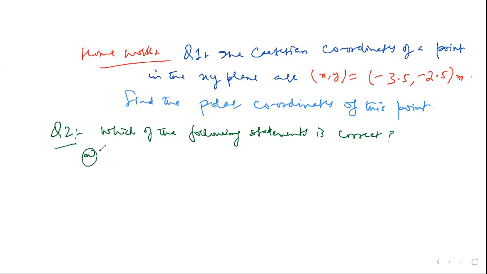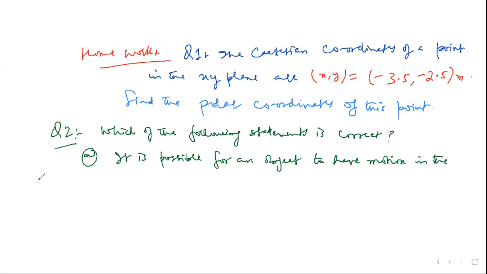First, A: it is possible for an object to have motion in the absence of forces on the object.